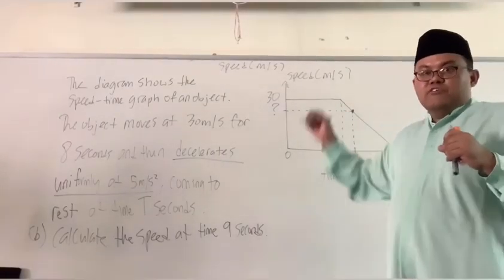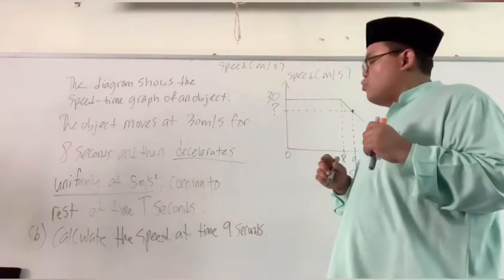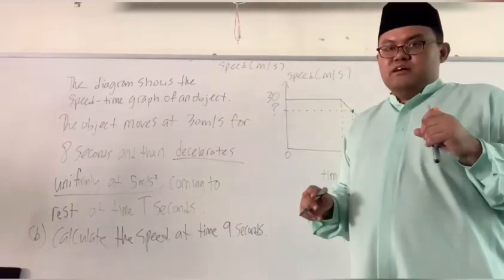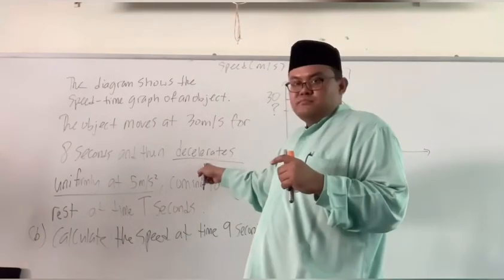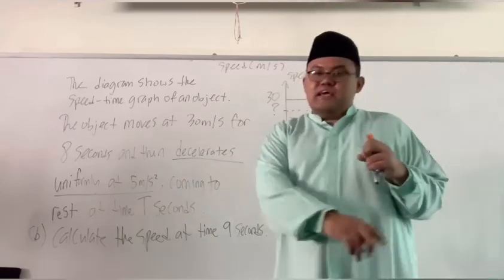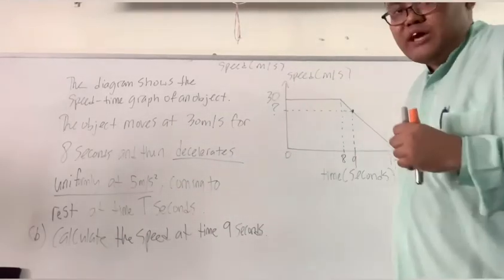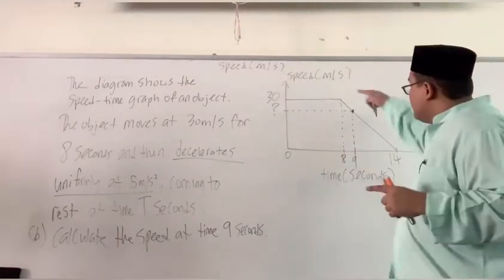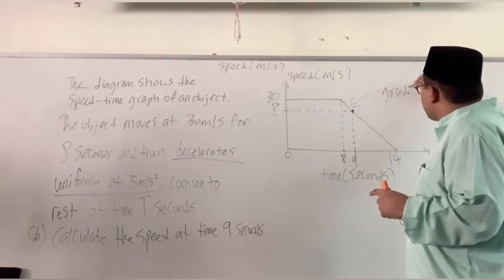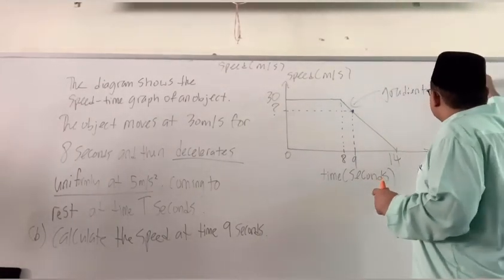Right? So let's look at the question. What useful info can we use? It is actually this one. Decelerates uniformly at 5 meters per second square. As we know, this line, the gradient is -5.